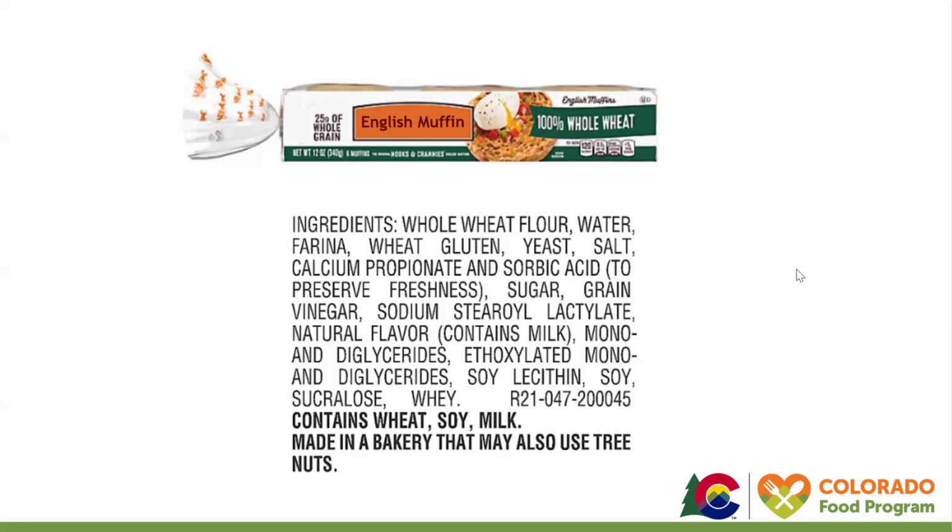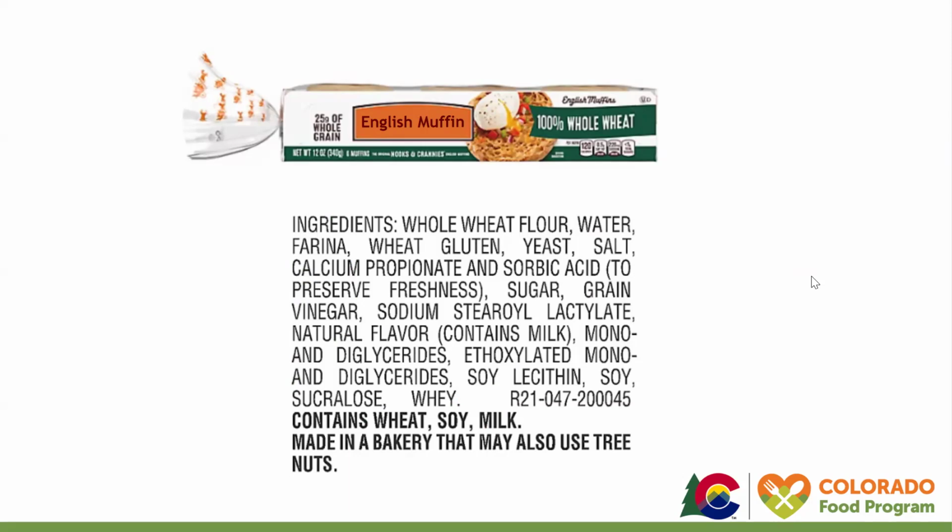Alrighty. So these are tricky. This is an English muffin. It does say 25 grams of whole grain. However, we shared earlier that just because it says that does not always mean that it's enough information. It does also say 100% whole wheat. However, this is an English muffin.